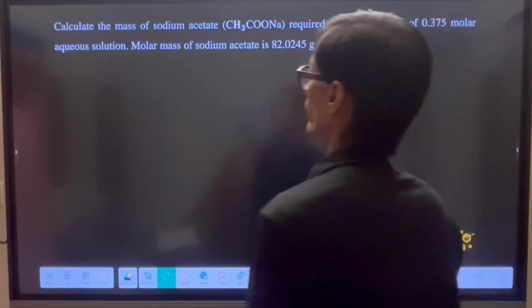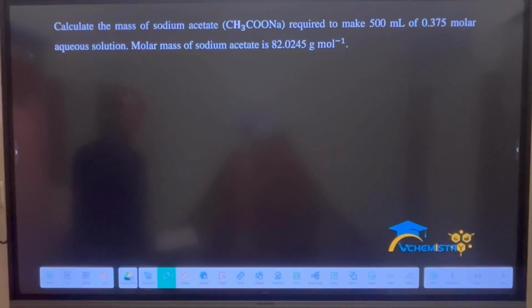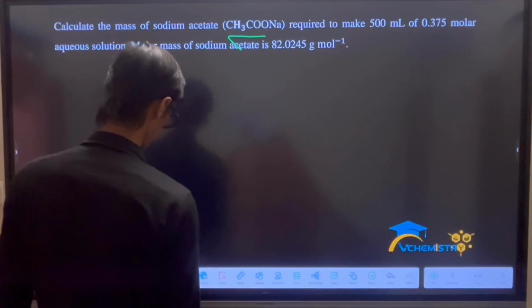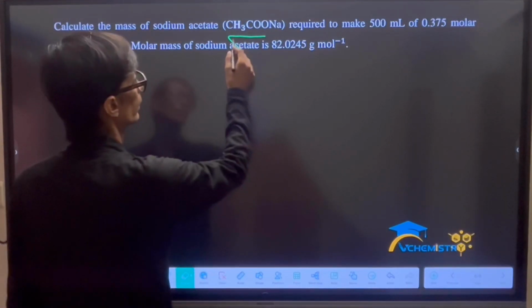Now calculate the mass of sodium acetate. This one is sodium acetate, I think you know about it.